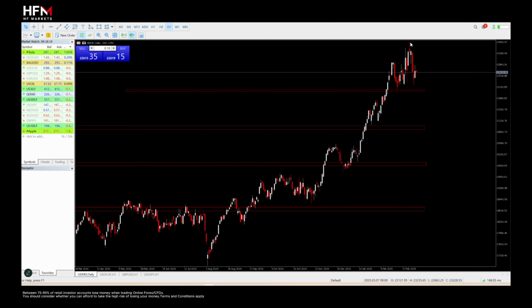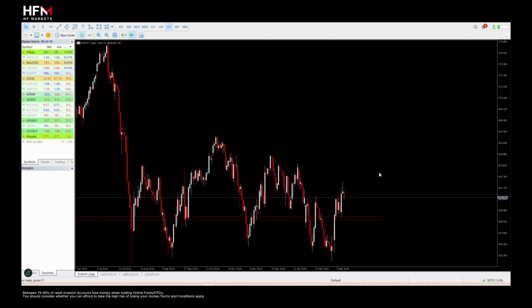So what I'm trying to say is the German 40 has been experiencing quite a good bullish run, which is likely going to continue amidst the geopolitical uncertainties, and the reason is simply the shift in power in the German state, giving investors and traders confidence that the new administration is keen on enhancing companies, which will naturally make their prices appreciate in value.